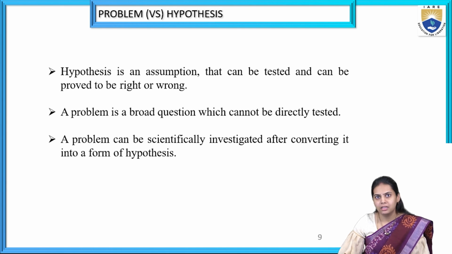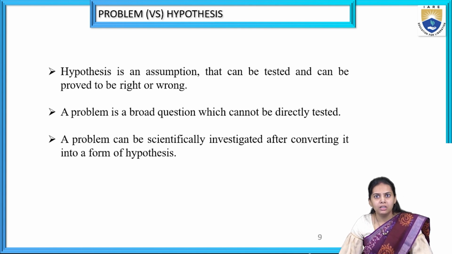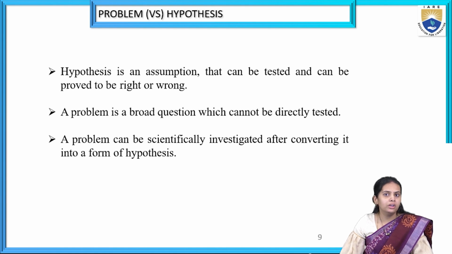See, the hypothesis is just an assumption that can be tested and proved to be right or wrong, whereas a problem is a very broad question which cannot be directly tested.